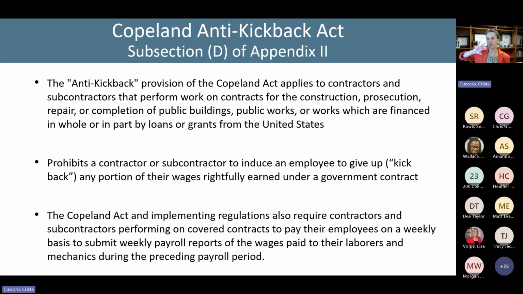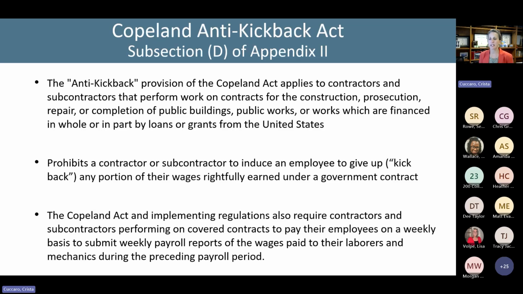The requirements here are grouped with the Davis-Bacon language under Appendix 2, also in subsection D. This applies to contractors and subcontractors that perform work on contracts for construction financed in part with money from the federal government. What this prohibits is that a contractor or subcontractor can't force or induce an employee to give up or kick back any portion of their wages that were rightfully earned. So that's the anti-kickback provision.